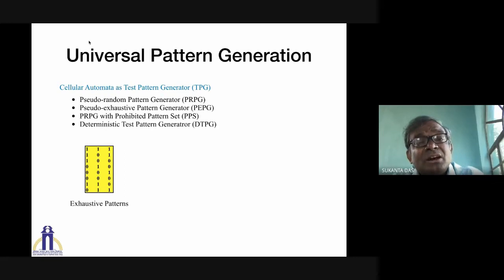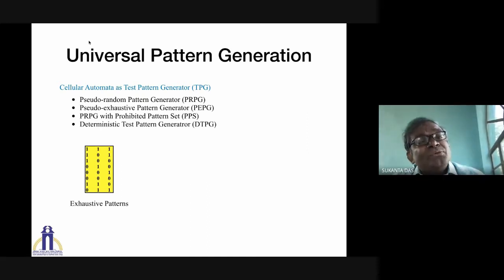One more thing. While I was talking about cellular automata as a universal pattern generator, I have excluded the exhaustive pattern generator. I have said pseudo-exhaustive, but I have not said exhaustive pattern. Why is that so? Because in general, we do not use exhaustive patterns, since exhaustive patterns for a large circuit are very costly.